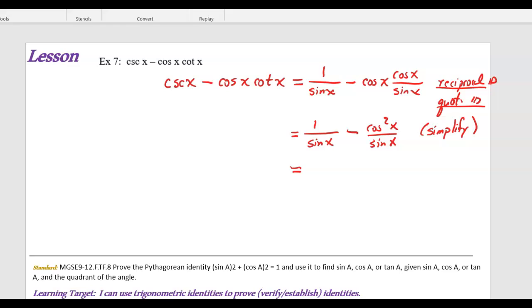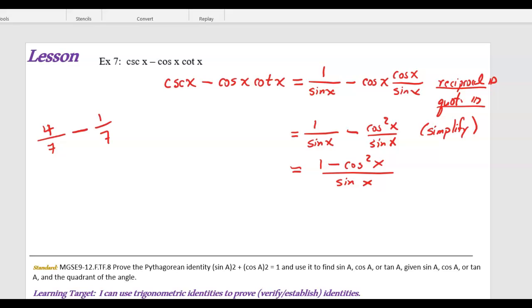Then these two fractions are being added or subtracted, and I have a common denominator. So I can rewrite this like that. So it's no different than if I have 4 over 7 minus 1 over 7.